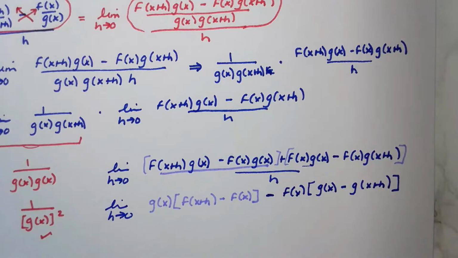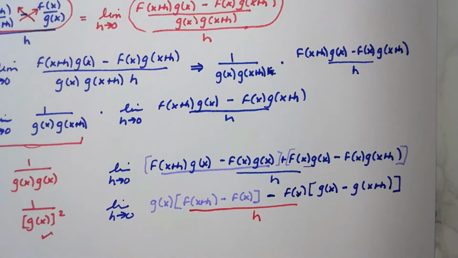And again, that's all over that h. And since they share the same denominator, well, now I can put this over the denominator minus that over the denominator. So let's do it. And I'll probably rearrange the terms of the second.